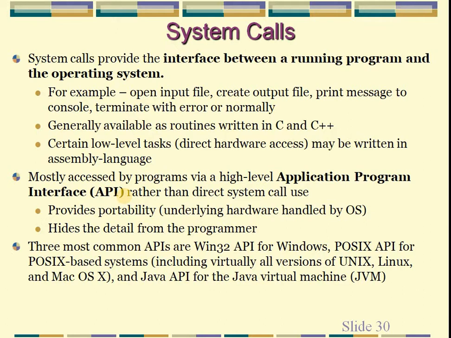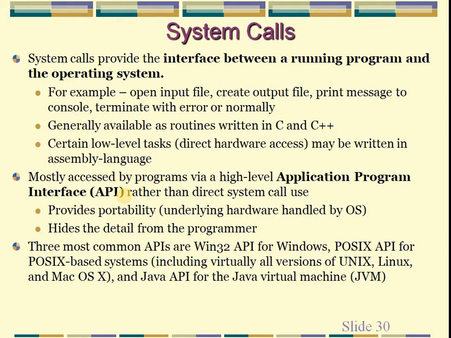The system program provides basic functionality to users so that they do not need to write their own environment for program development. For example, editors, compilers, and program execution, for example, the shell. In short, they are a bundle of useful system calls.